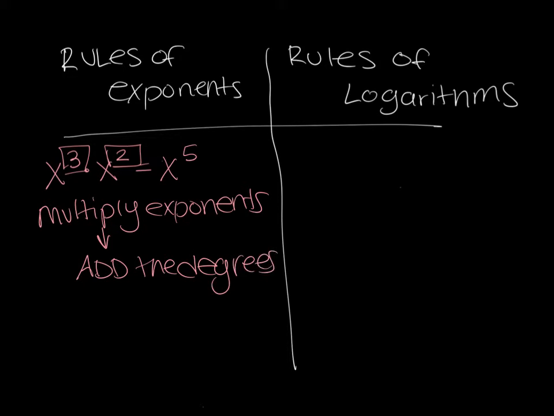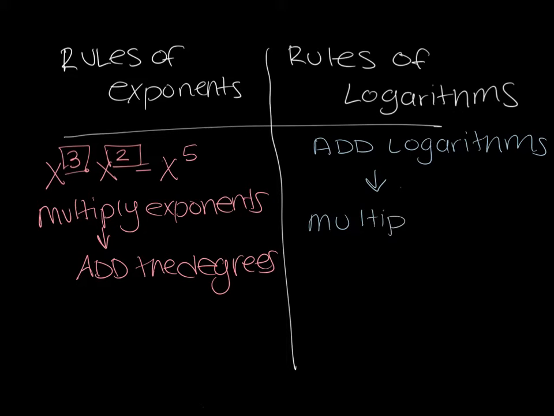All right, so with logarithms, when we add logarithms, we are going to multiply the logarithms. Because remember, they are inverses, so we're not going backwards. Okay, so I'm going to give an example on the next page of this rule.